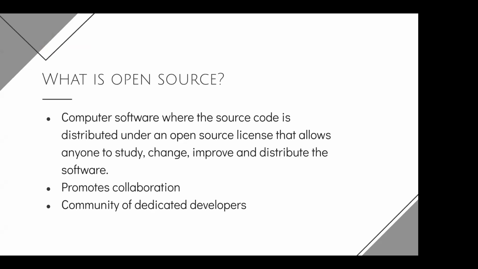They can improve it, use it in their projects, study it, and distribute it under this open source license. The main focus of GSoC is to get more people into open source. So now that we know what open source is, let's move on.